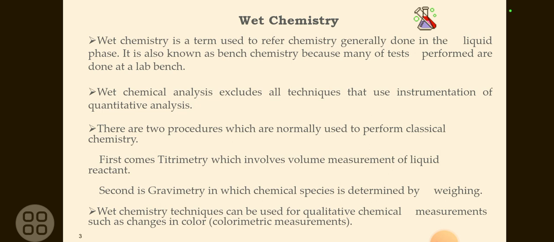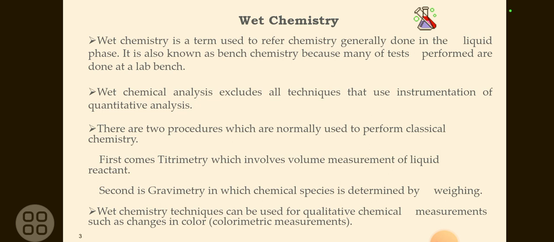So when we discuss quantitative analysis, basically we monitor only two things, either by volume or by weight. Wet chemistry techniques can also be qualitative, chemical measurements based on color changes, like colorimetric determinations. Here we distinguish tests, limit tests, or identification tests by checking the color of the substance, or the formation of a compound using different types of reagents.